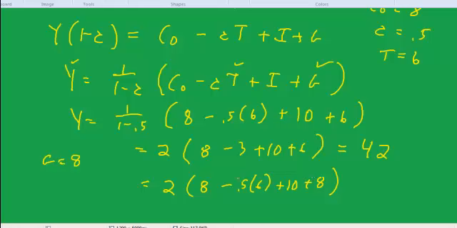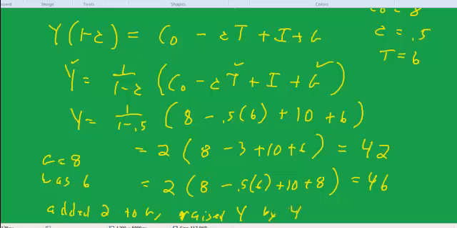So 18, 26 minus 3 is 23, times 2 equals 46. G was 6, now 8, so we added 2 to G, and we raised GDP by 4. So there was a multiplier of 2, which is not surprising because we have a 2 here.